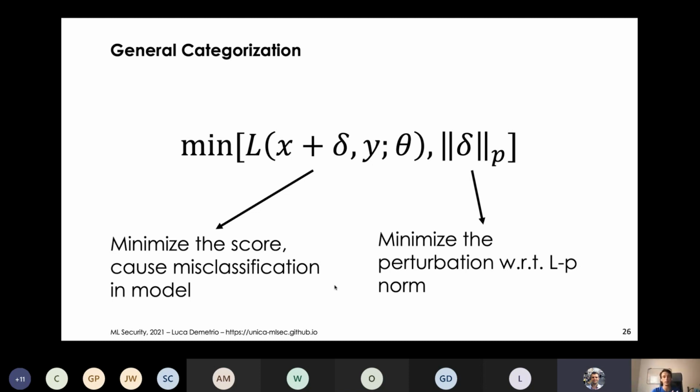You want to minimize the perturbation delta with respect to two quantities. One is the score that causes the misclassification in the model. The second is the Lp perturbation that you want to apply on your sample. You can recast all of the attacks that I told you about in this form. And the point is how you solve it.